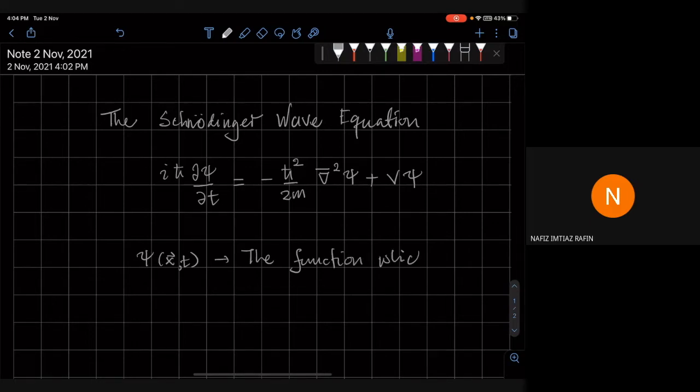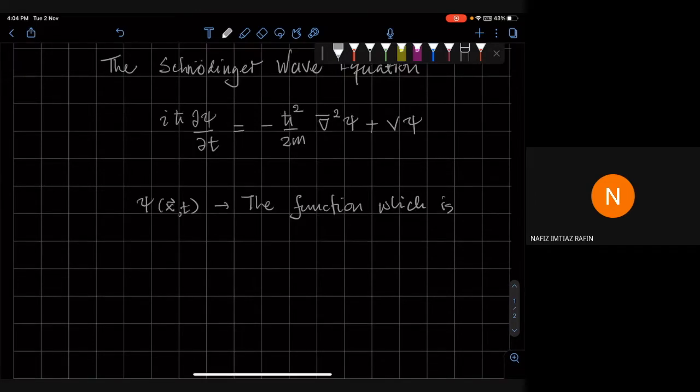It is a function of space and time, a complex function, okay? In future, we'll see that it may have more degrees of freedom depending on if the particle we're describing has spin or some other internal quantum number.